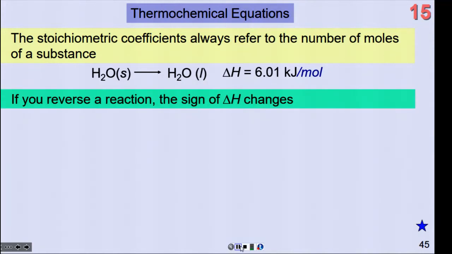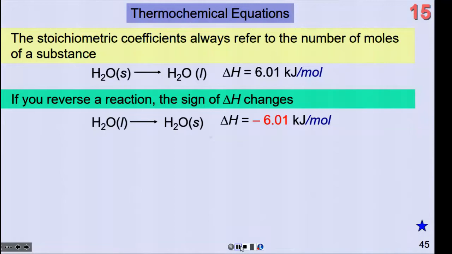Secondly, if you reverse a reaction, the sign of delta H is going to change, just like I showed with the example with the thermite process. Similarly, with the freezing of water, going from liquid to solid would have the opposite sign of the melting process. Going from solid to liquid is melting, and from liquid to solid we call that freezing.